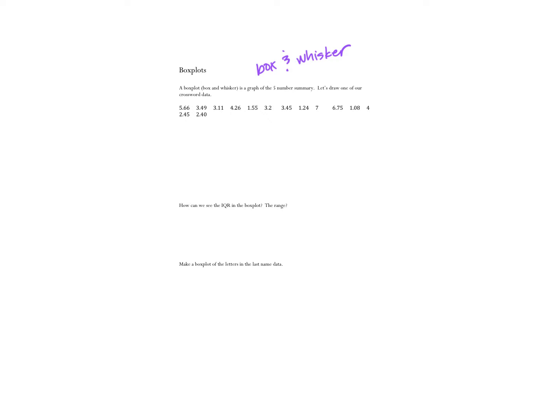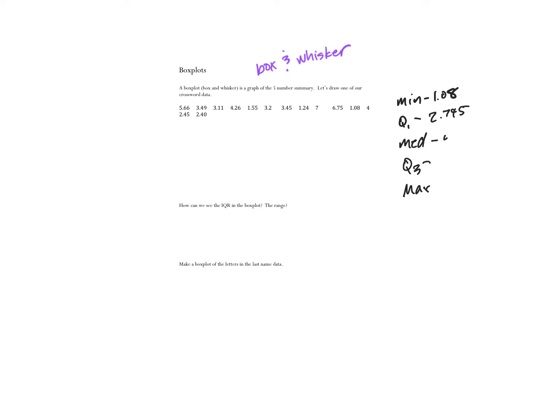All right. So, guys, we said the min was 1.08. Q1 was like 2.875. 2 and some change. What was Q1? Can someone turn back and look for me? 2.745. And then the median was 4.125?